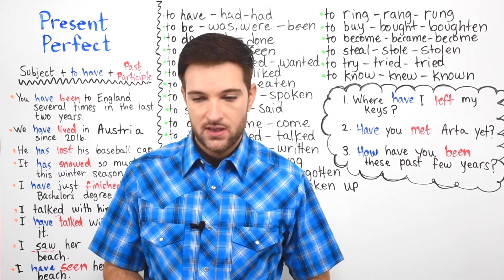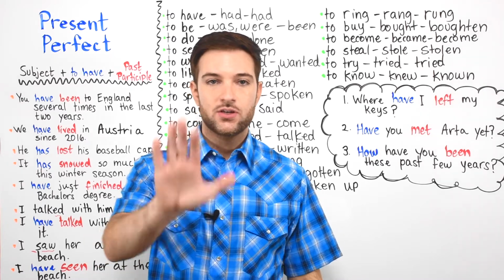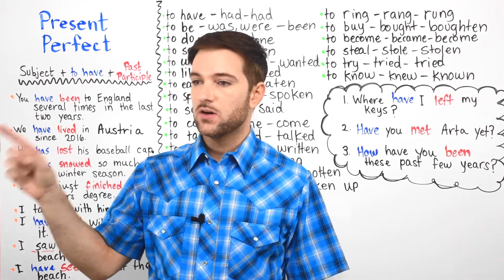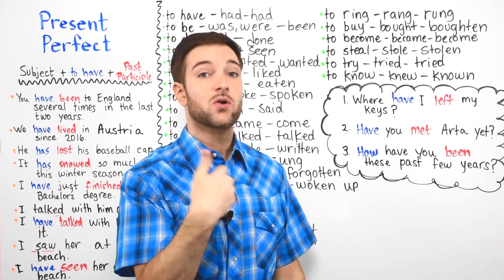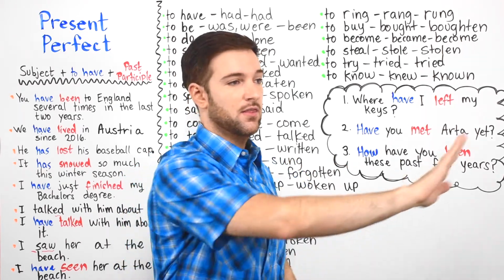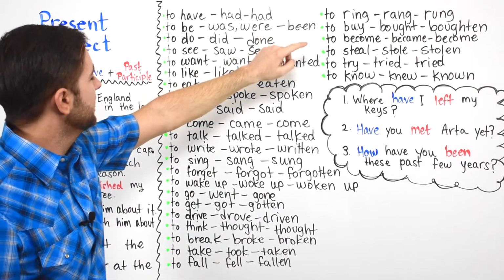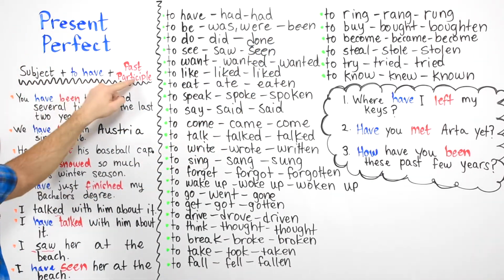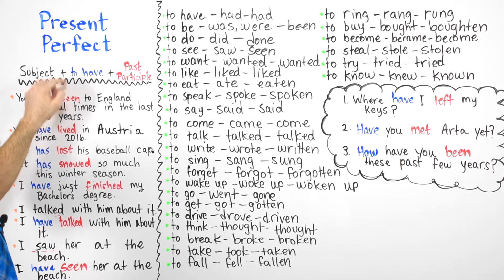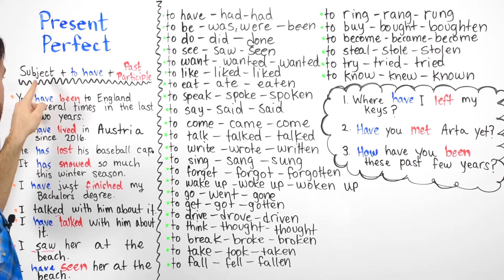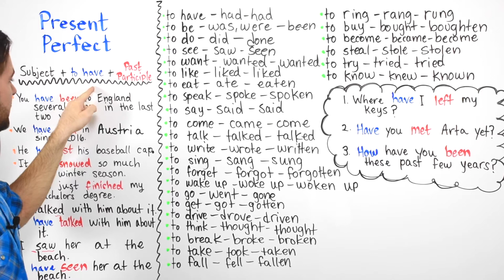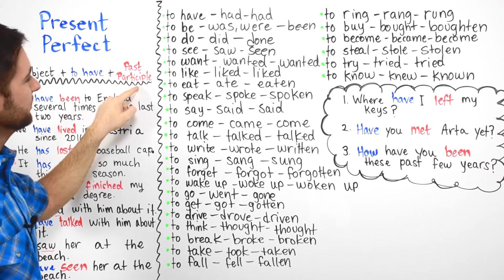For example, I was, you were, he was, she was, it was, we were, and they were. And then we have been, which is the past participle. Okay, we use it with the present perfect tense: subject, to have, the verb, and then the past participle.